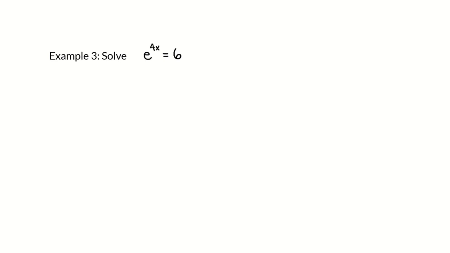It is best with this type of problem, where you have to use a calculator to calculate something like ln of 6, to wait till the very last step before rounding. So plug in exactly ln of 6 and then divide that number by 4 and then round.